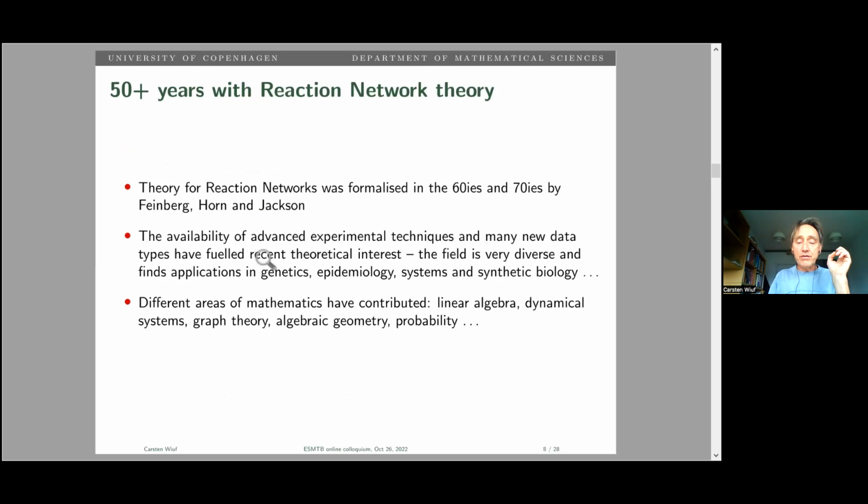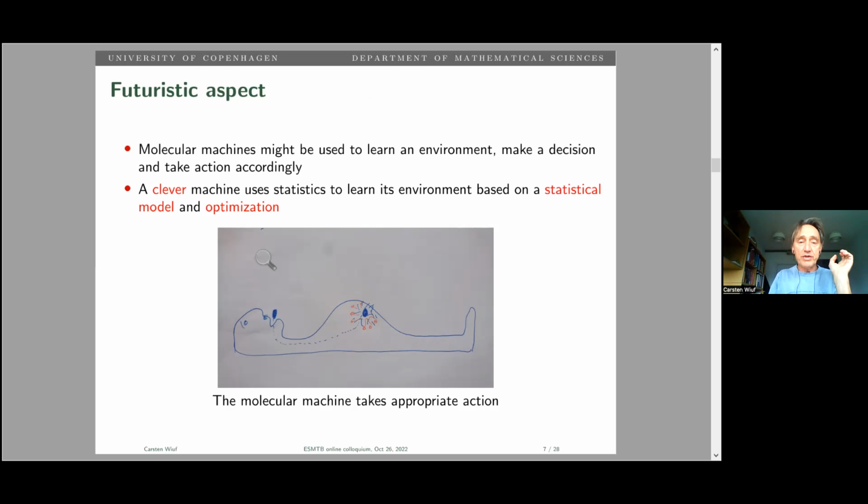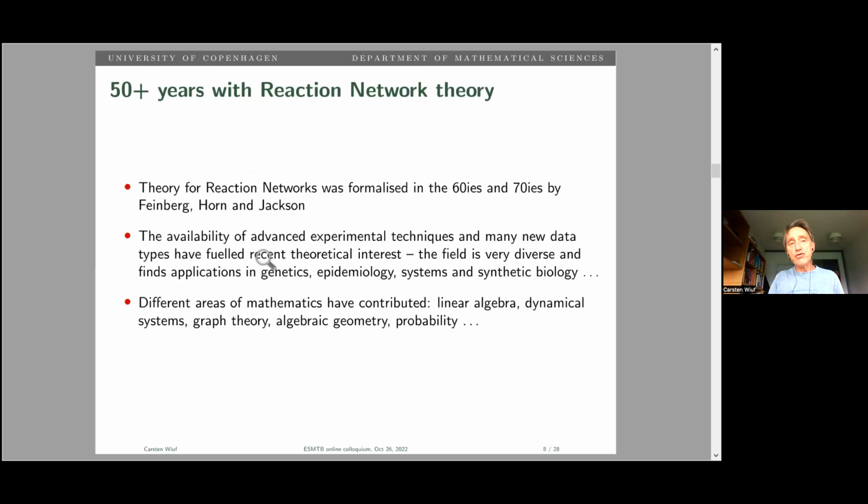So that ends the first part on molecular machines, and I will now give a very brief introduction to reaction network theory, just so that we are all on the same page and know the necessary things. Reaction network theory was probably formalized in the 60s and 70s by Feinberg, Horn, and Jackson, but many others have contributed, and a lot of theory was already available before these three got into it.